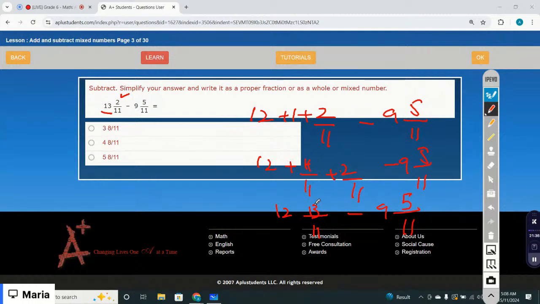Now you can see this 13 is greater than 5. You can subtract: 12 minus 9 is 3. 13 minus 5 is 8. That is 3 whole 8 over 11. The correct option is option number 1.